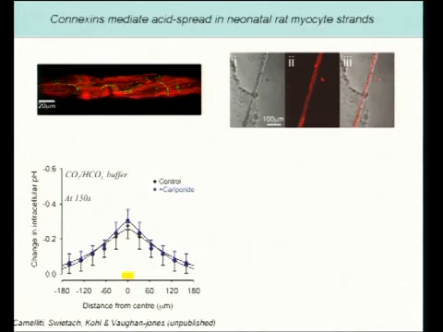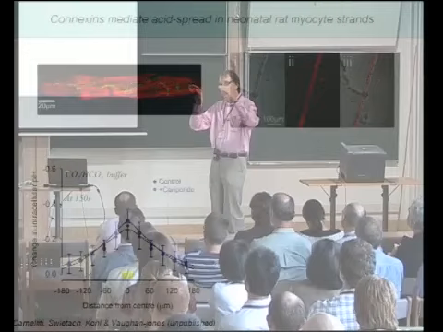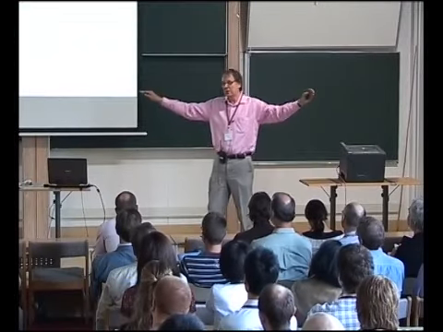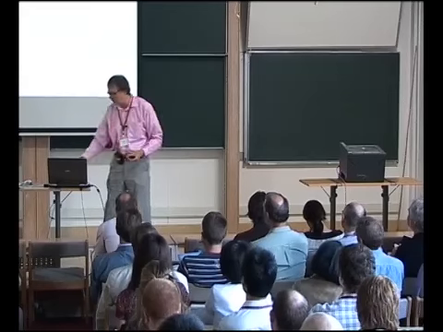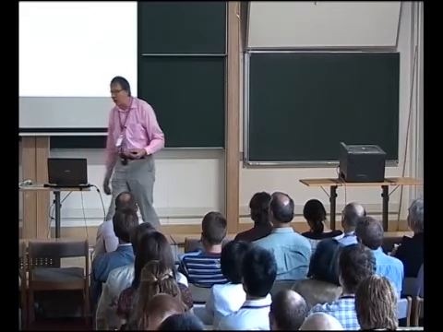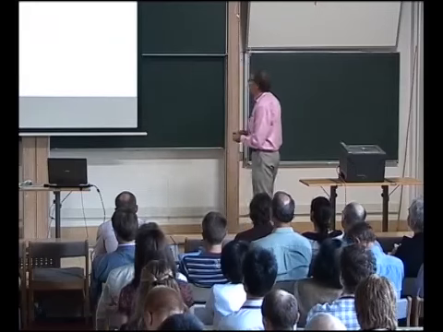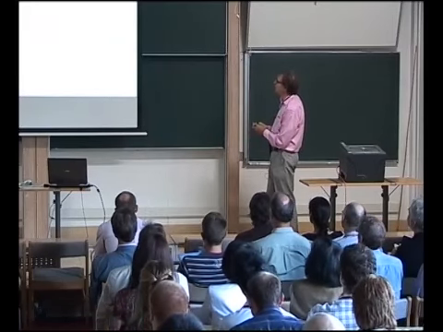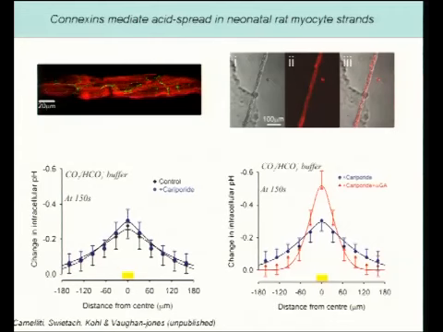If we load the whole multicellular strand with SNARF, we can image it for pH, and again we can uncage protons in the middle region of the strand, and we can watch protons move down the length of this multicellular preparation. And you can see as the protons move from the site of injection, we get a bell-shaped diffusion mobility relationship. So it's diffusing down cells, across junctions, down the next cell and across the next junction.